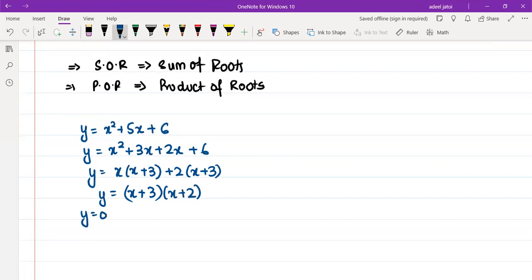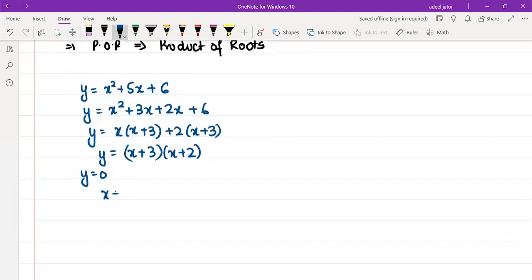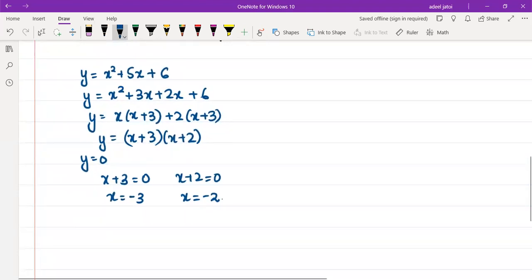When y is equal to 0, you will always have an equation. That means x plus 3 is equal to 0 and x plus 2 is equal to 0. You will have two values, x is equal to minus 3 and x is equal to minus 2. These are the two roots that you have for the quadratic equation x square plus 5x plus 6.